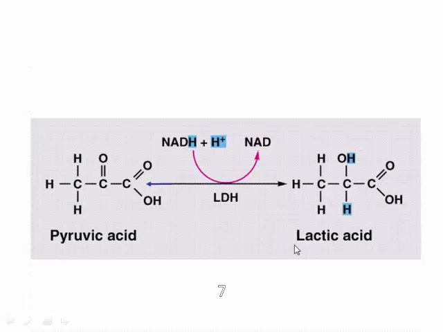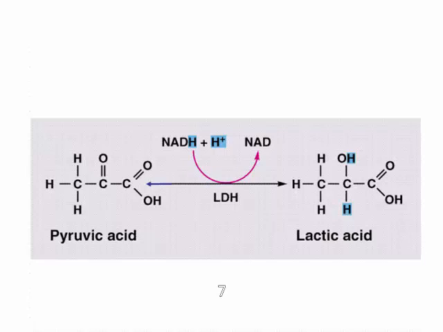When you go jogging and you're not in good shape, you know the lack of oxygen means the pyruvic acid is converted to lactic acid and you get that burn, right? That's the burn in your legs and you're breathing. So what you have to do, of course, is stop and you rapidly breathe to increase the oxygen that comes into the muscles. That lactic acid then is converted back to pyruvic acid.